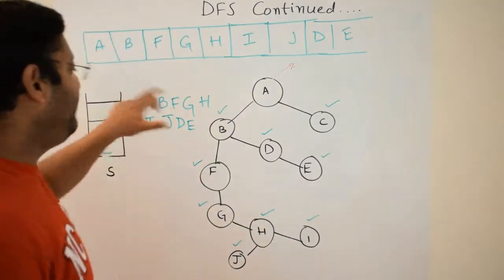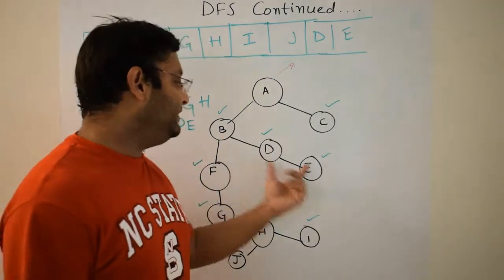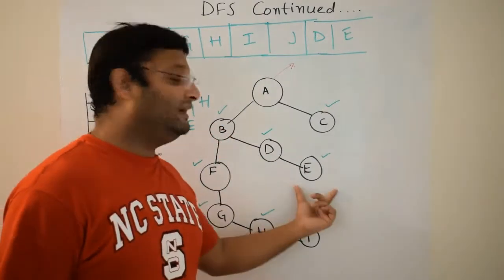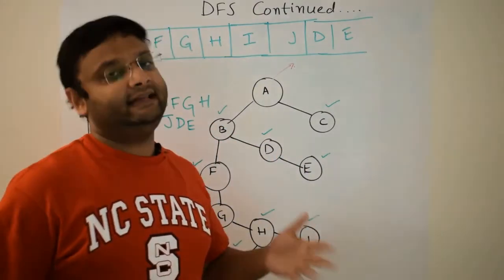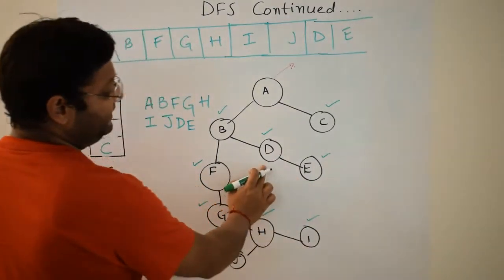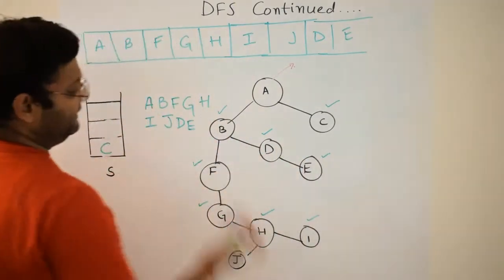So when we pop out any element, not only do we have to check which are the neighbors of that vertex, but whether they have been visited or not. If it has been visited, it is as good as no neighbor. So in this case E has one neighbor, D, but it has been visited. No use to us. Anything which can be pushed? Nothing.